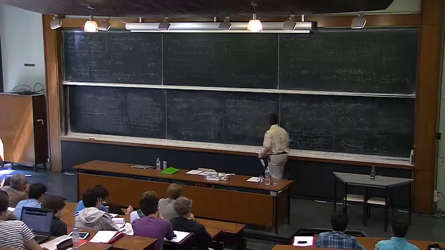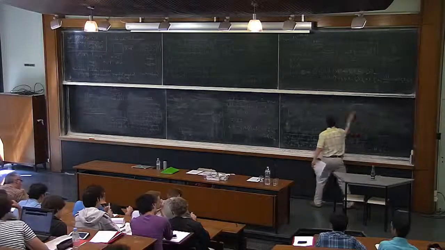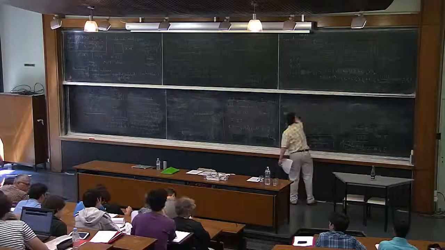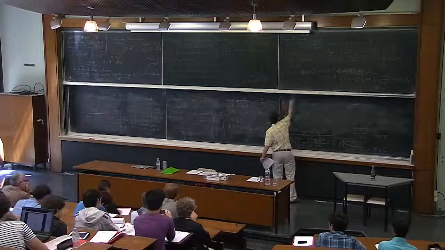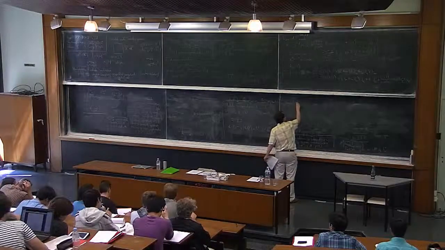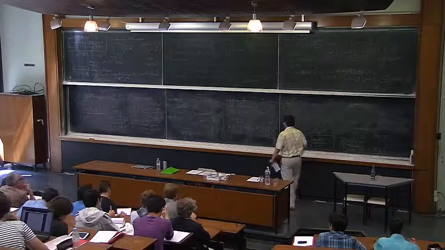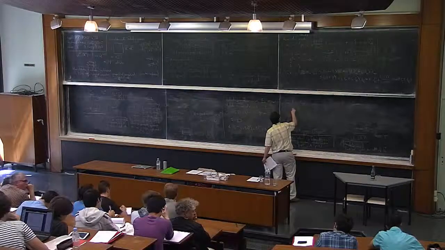So remember, the semi-classical psi-DOs looked like, so I didn't do the change of variables, so let me just write this down once. Right, the semi-classical psi-DOs, so they look like 2 pi.